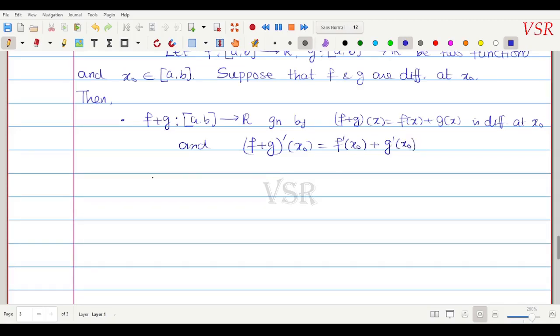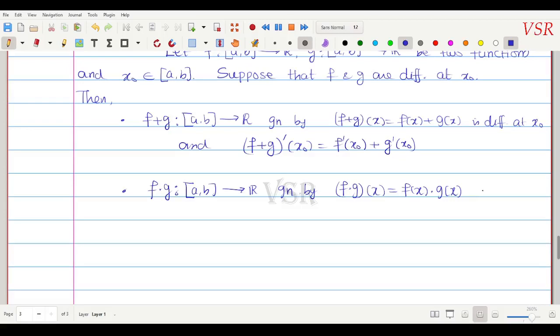Okay, சரி, ரெண்டாவது பாயிண்ட் வந்து, f into g is a function from closed interval a b to R, given by f into g of x which is equal to f of x into g of x.